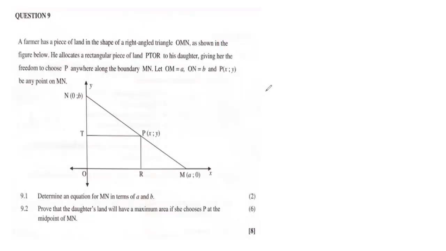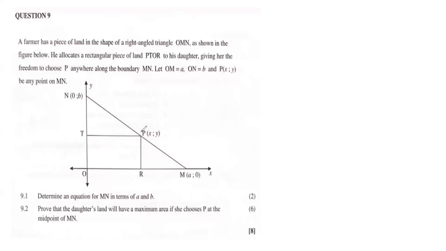Okay, so still on optimization calculus, we have question 9. It says a farmer has a piece of land in the shape of a right angle triangle, OMN, as shown in the figure below. He allocates a rectangular piece of land, PTOR, to his daughter, giving her the freedom to choose P anywhere along the boundary MN.